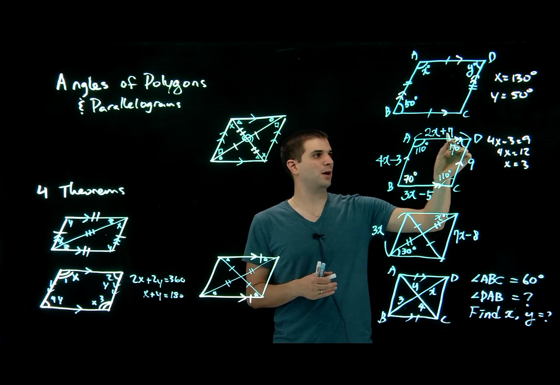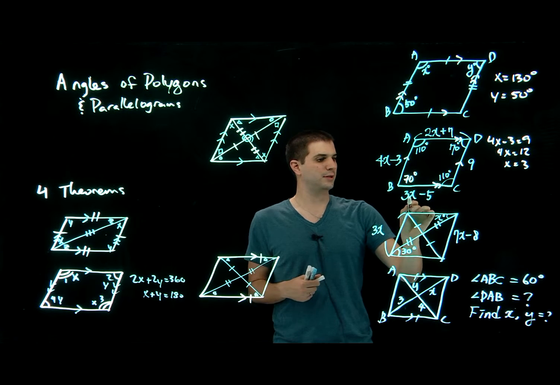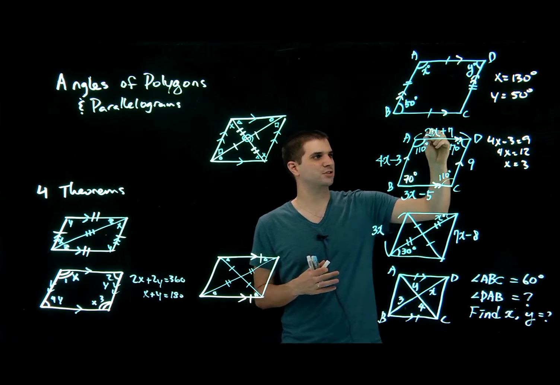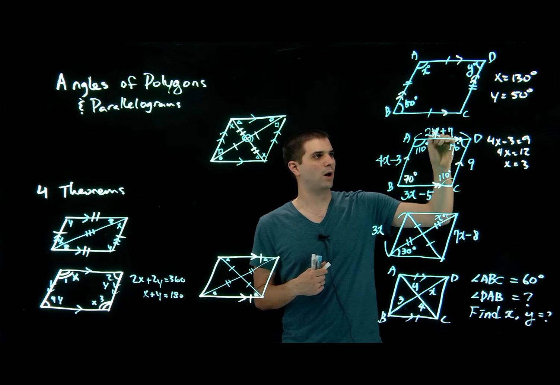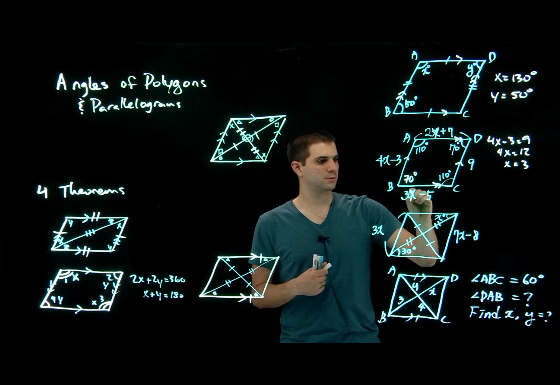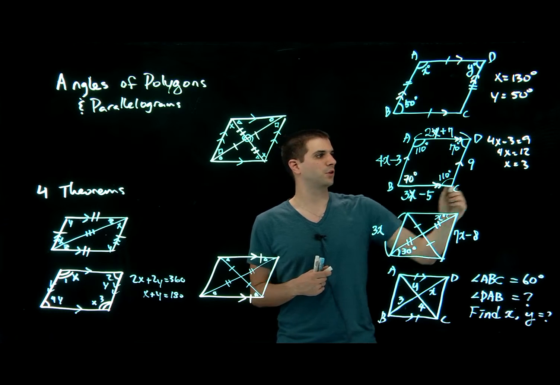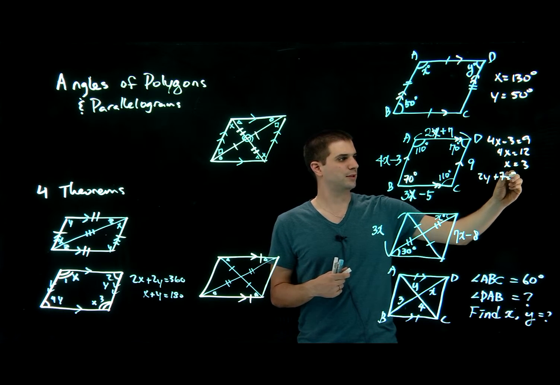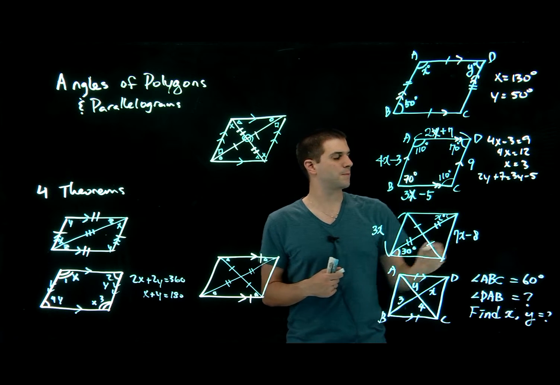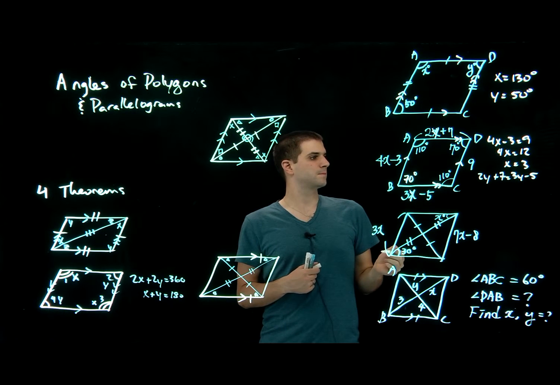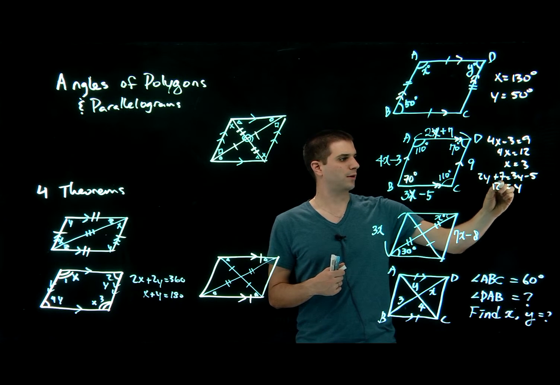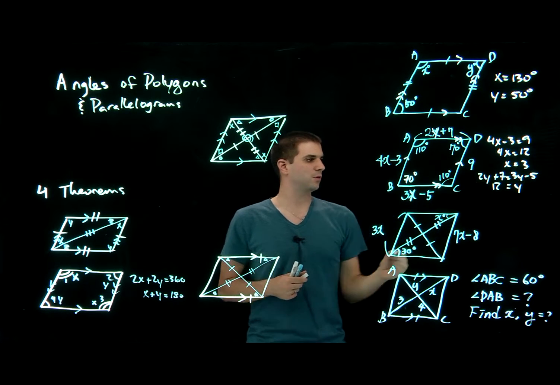So it looks like we have 2x plus 7 equals 3x minus 5. But we've already used x, so we're going to change these into y's. So we have 2y plus 7 equals 3y minus 5. So y equals 12.